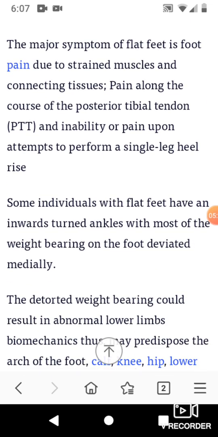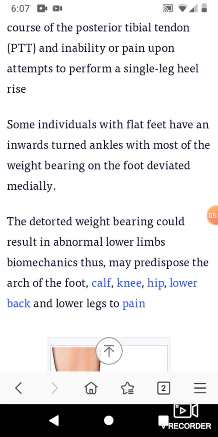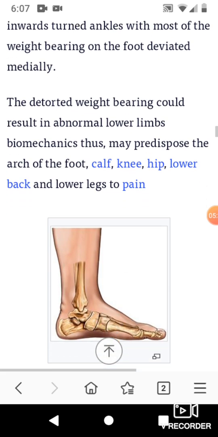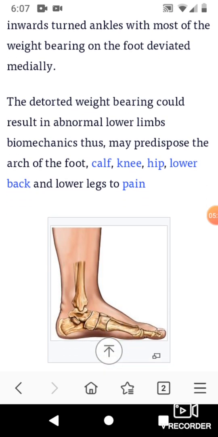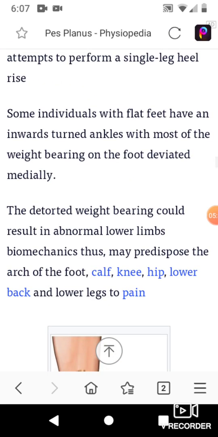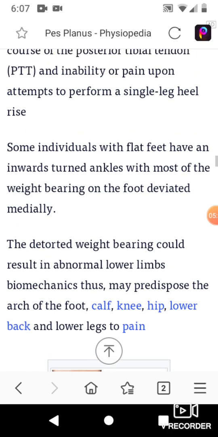The major symptoms are strained muscles and pain. All these are the symptoms. Findings include pain, tight muscles around the foot, shortening of the plantar muscles, and tight gastrocnemius and Achilles tendon.